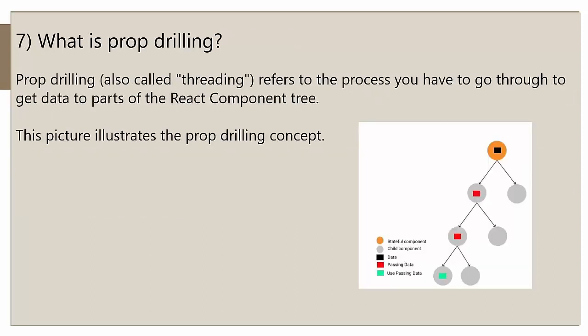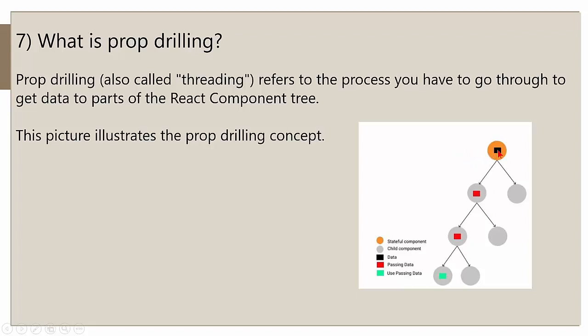What is props drilling? Props drilling, otherwise called threading, refers to the process you have to go through to get data to parts of the React component tree. This picture is very self-illustrative, giving an illustration of the prop drilling concept. You can see here, this is the way the prop is drilled. For example, this is the data layer where we have the data.